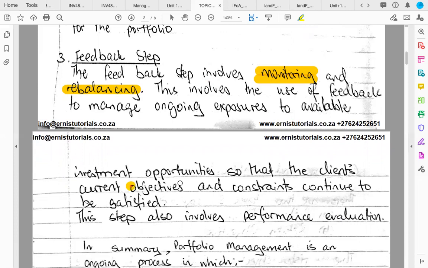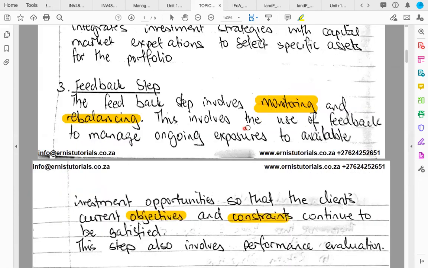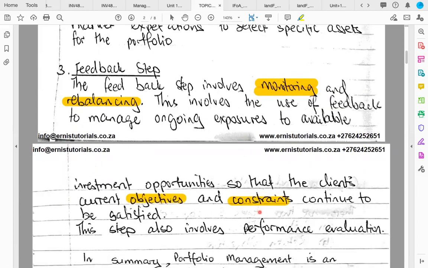You see, sometimes we need to check the objectives and the constraints. Are they being met? Have they changed? How successful is the portfolio manager at actually implementing the strategies that we talked about before? And we also have to evaluate the performance of the portfolio manager so that they can be paid. So those are the three steps.